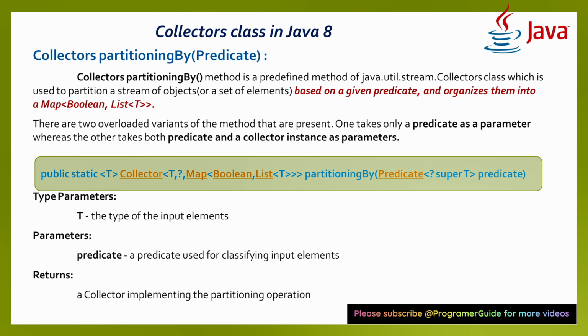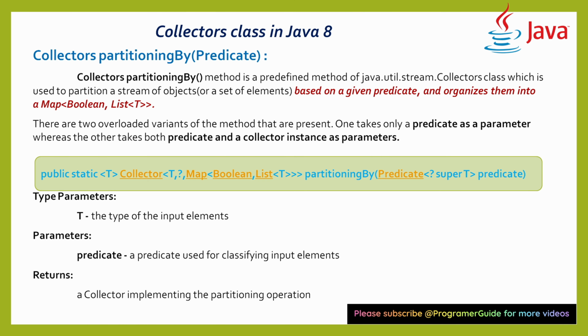At that time you use groupingBy, but partitioning splits the data based on the given condition of the predicate. Since we are using a predicate, you can do multiple conditions, like predicate joining, so you can split the data into n number of parts. For that purpose we can use partitioningBy.